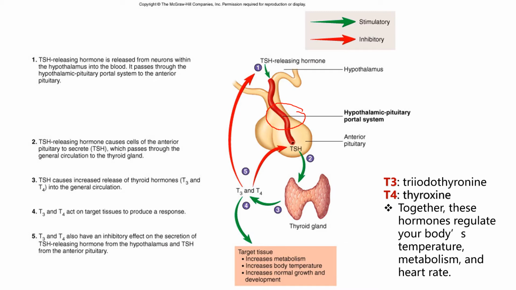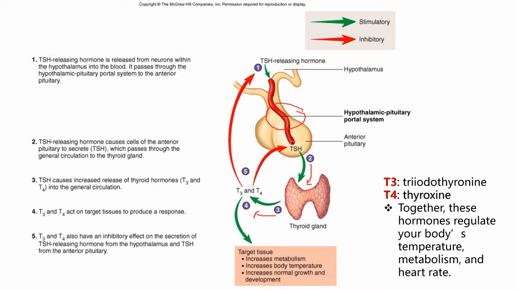So it actually passes through the general circulation to your thyroid gland. So once your thyroid gland is already stimulated by the TSH, it causes now the release of what you call your thyroid hormones T3 and T4 in your general circulation. Okay? So T3 is actually triiodothyronine and then T4 is thyroxine.